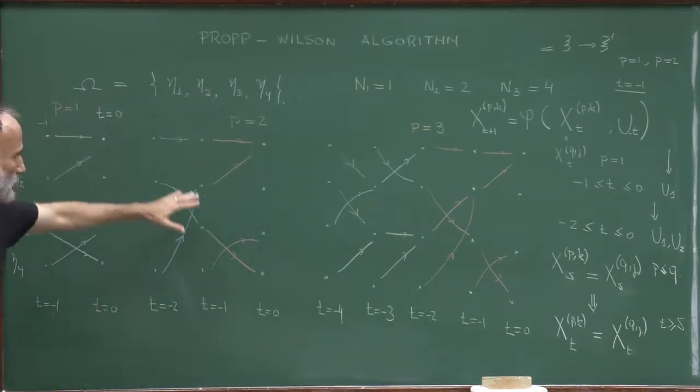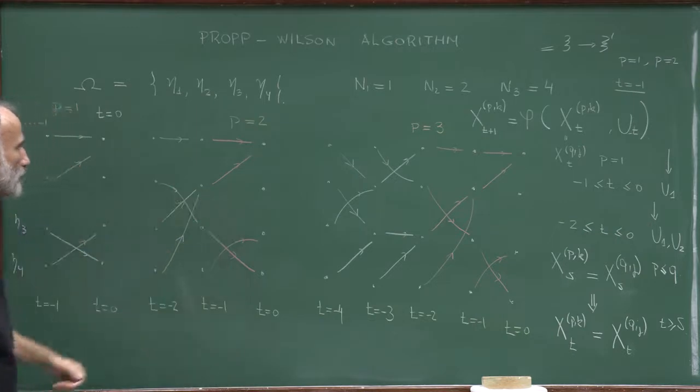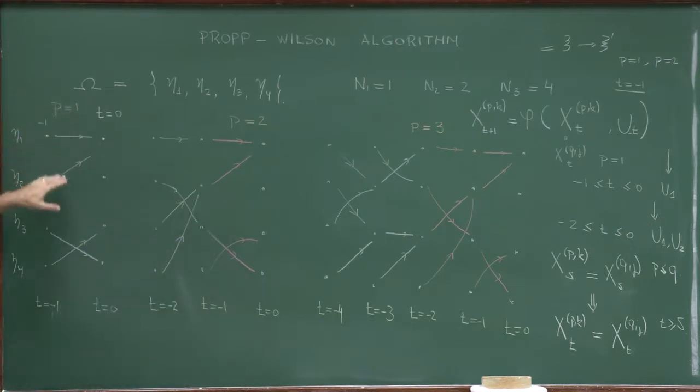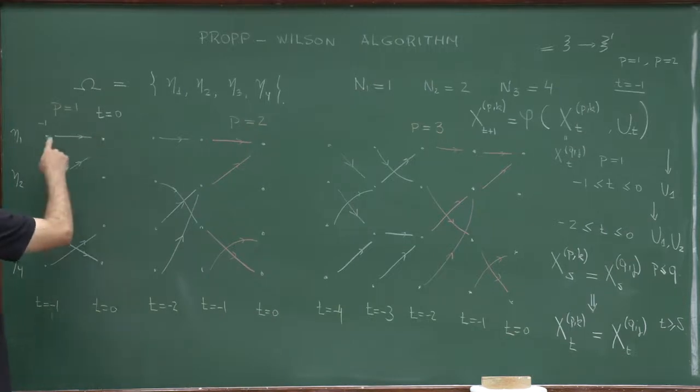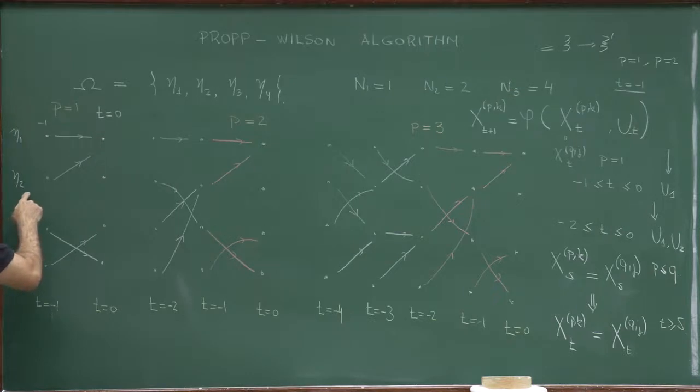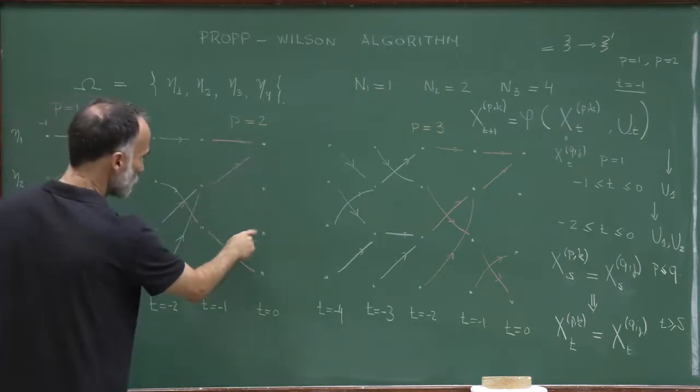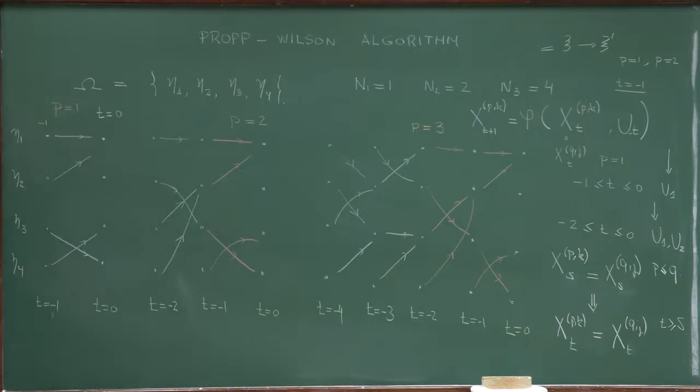And this is illustrated here by the red colors. Because from the first step, I know that from time -1 to time 0, if I'm at eta 1, I jump to eta 0. If I'm at eta 2, I jump to eta 1. If I'm at eta 3, I jump to eta 4. If I am at eta 4, I jump to eta 3. And this is exactly what the red arrows show.